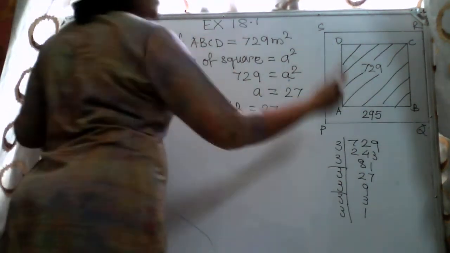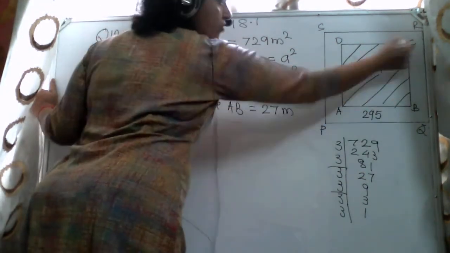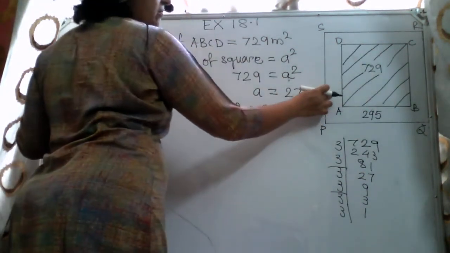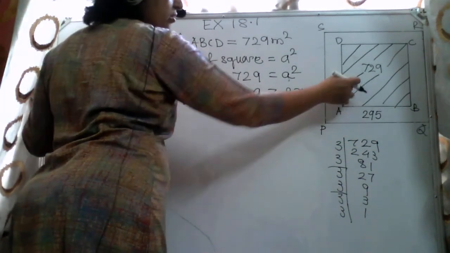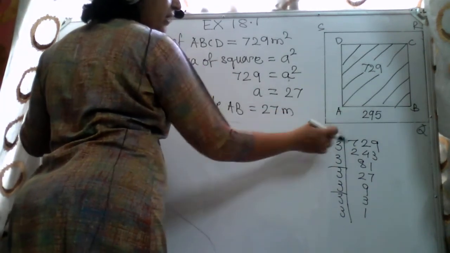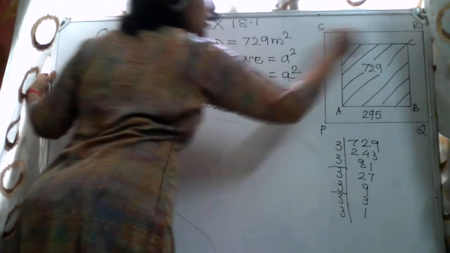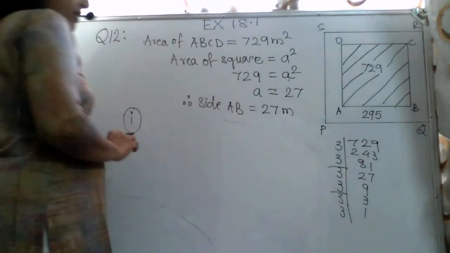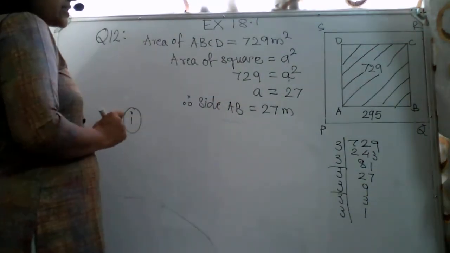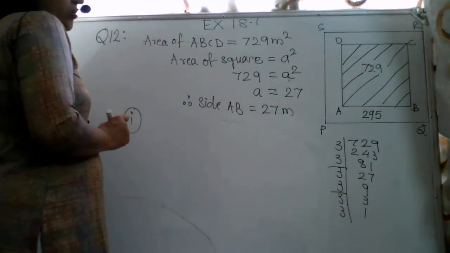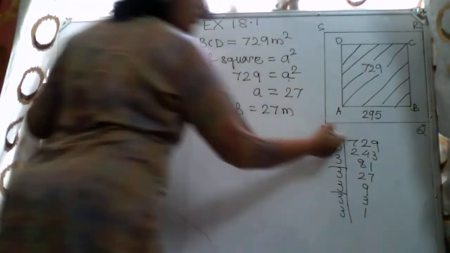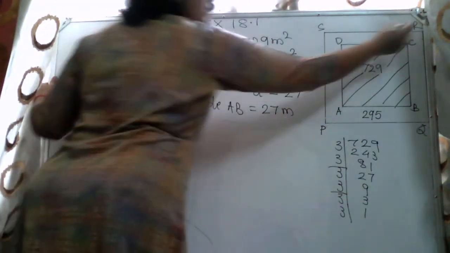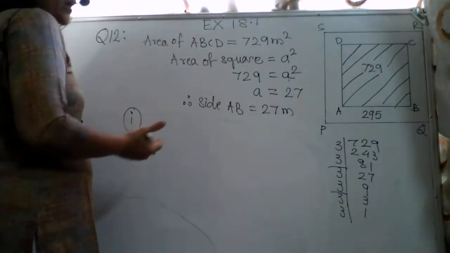Means what? See, this is also a boundary for this path, but it is an inner boundary. If it has to include this garden as well as the path, then what is the boundary? PQRS is the boundary. Now if I have to find out the perimeter or the length of the boundary, I should know what is PQ. Then I can multiply it 4 times. Why?